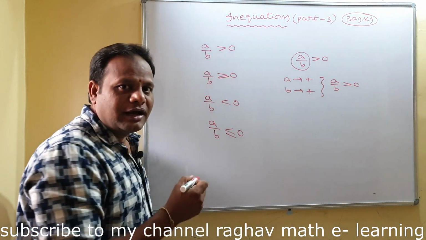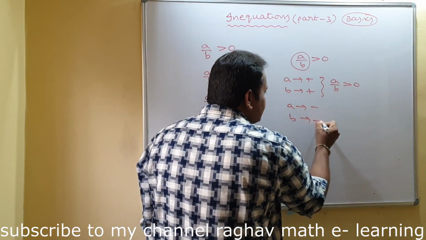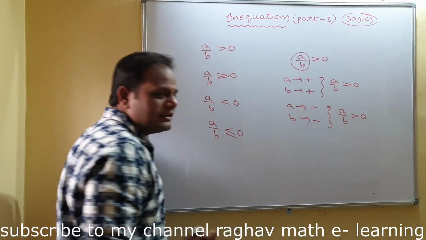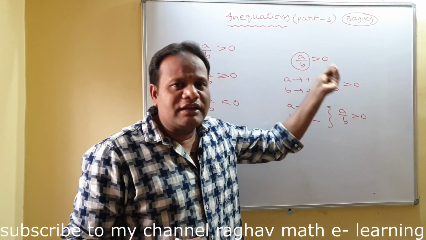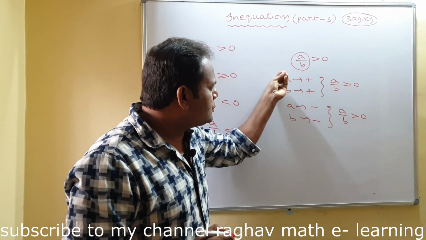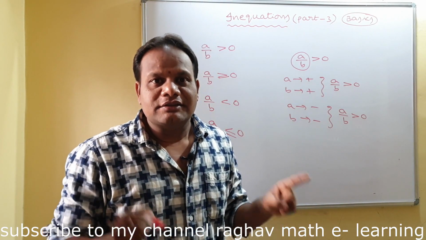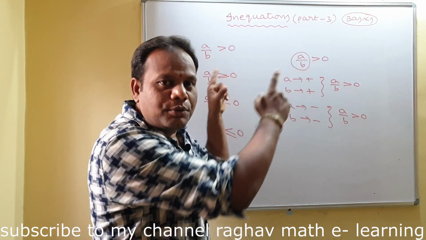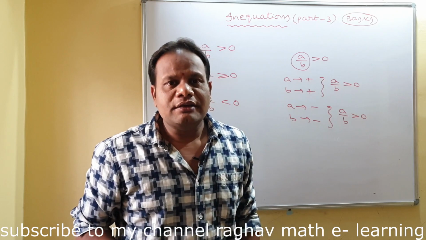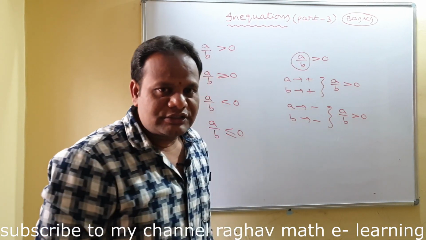Or a is negative, b is negative, then a by b is positive. So if both a and b have the same sign, then a by b is positive.